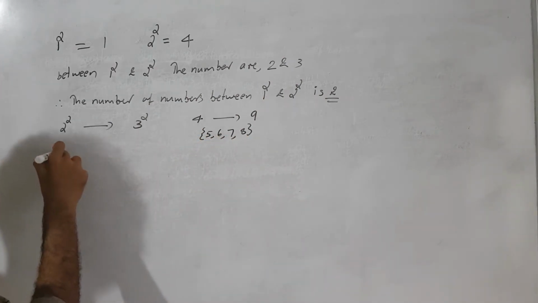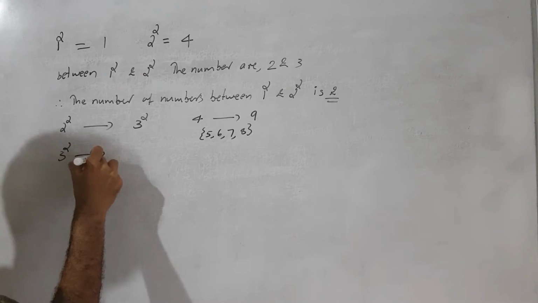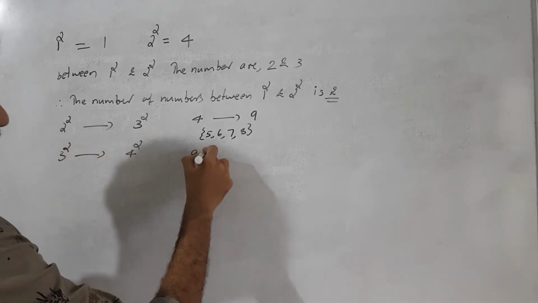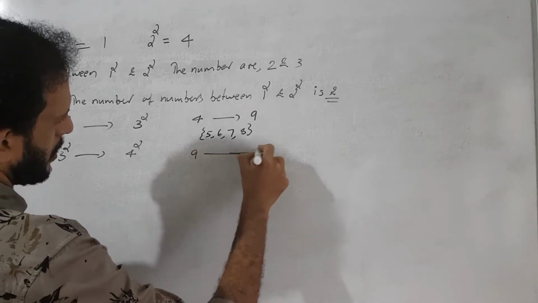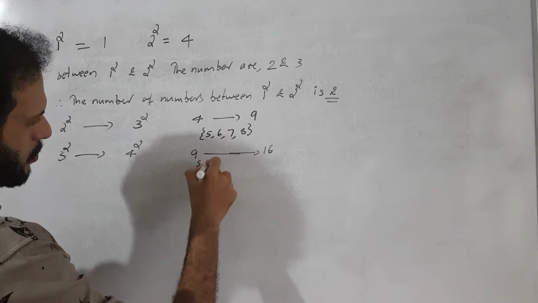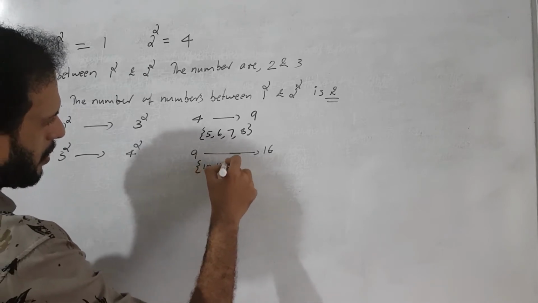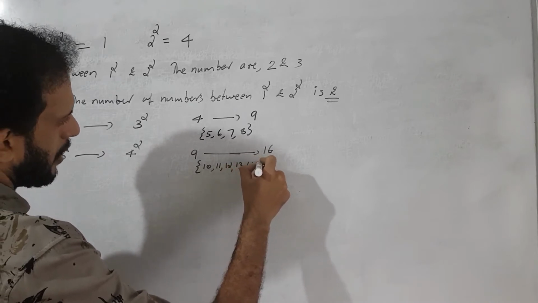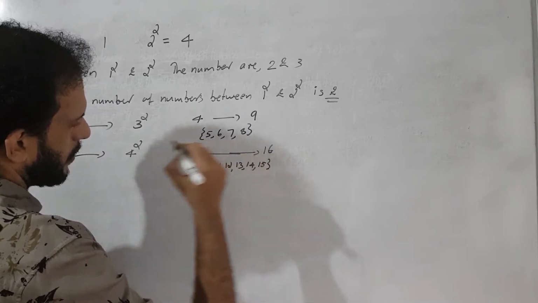Then how many numbers are in between 3 square and 4 square? 3 square is 9. 4 square is 16. Correct? Then how many numbers in between? 10, 11, 12, 13, 14, and the last one is 15.